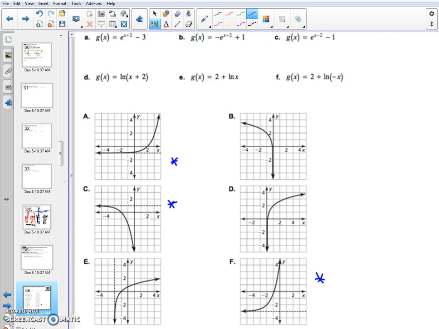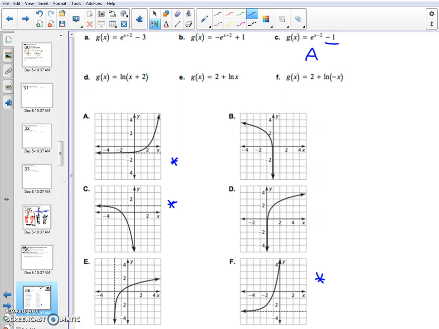Now I want to look at where those asymptotes are. In graph A, my asymptote is at -1, which would mean my function would have to go down 1. Looking at the exponential functions A, B, and C, only one looks like it's going down 1, so that has to be A.